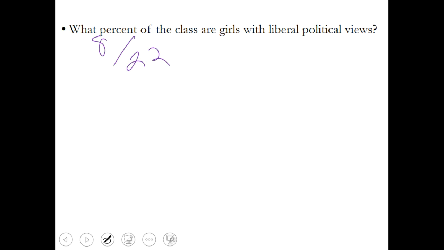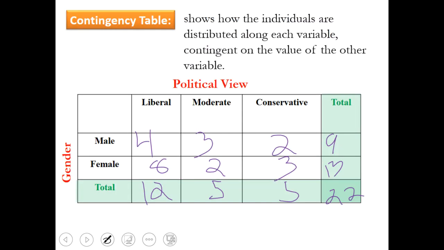Now, pull out my calculator here. I have 8 divided by 22, and we found 36.3%, so 36%. What percent of the liberals are girls? Now we're not talking about everyone anymore. What percent of the liberals? Well, there's 12 liberals, 8 of them are girls.